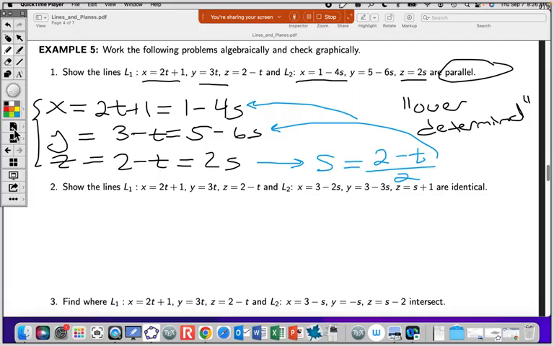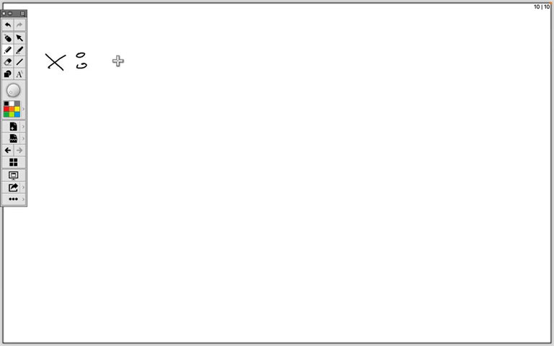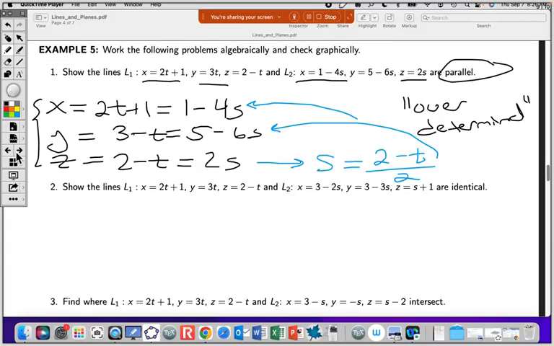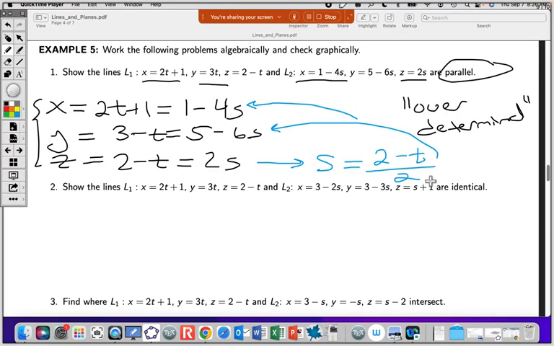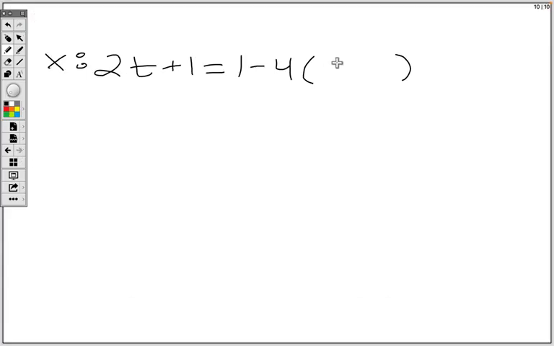So if I look at my equation for x, I have 2t plus 1 equals 1 minus 4s. But for s, I'm going to substitute in (2 minus t) over 2. Let's work this out. I'd have 2t plus 1 equals 1 minus, and I can simplify, and I'm going to distribute the negative 2, so be careful here.